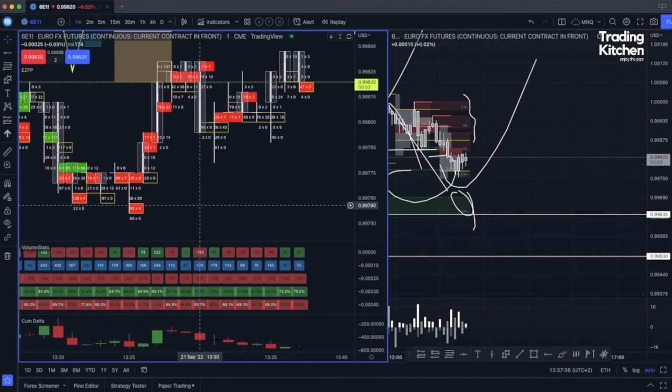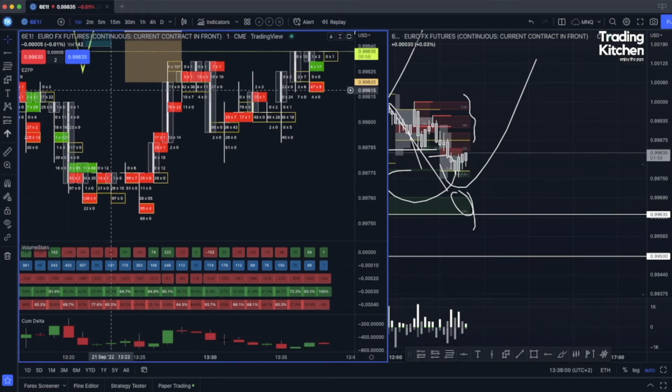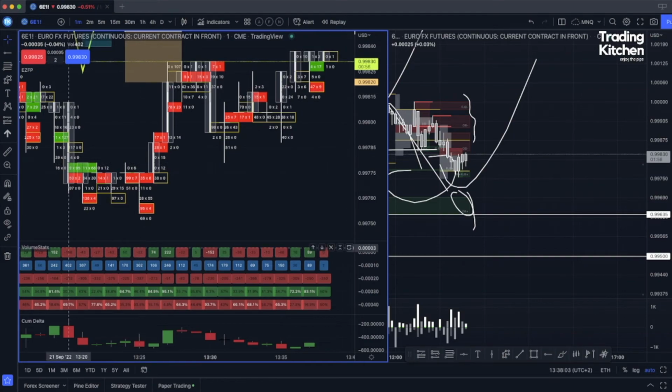So like here, you have a strong delta volume, so strong delta volume from here. Delta volume is decreasing.